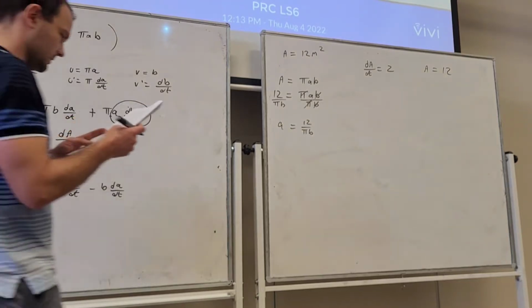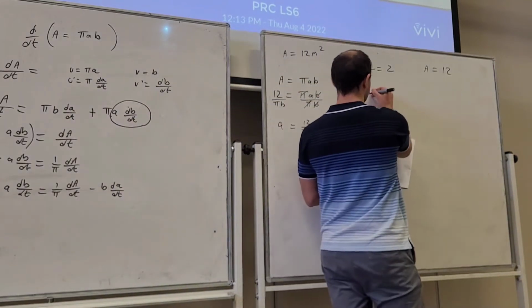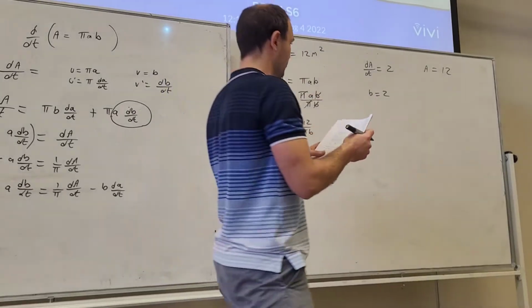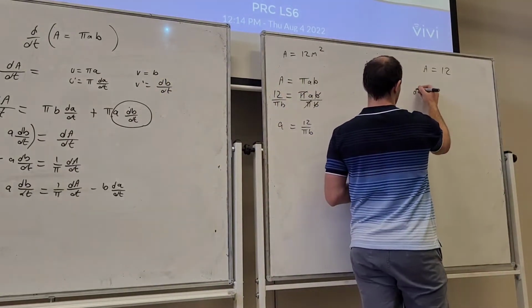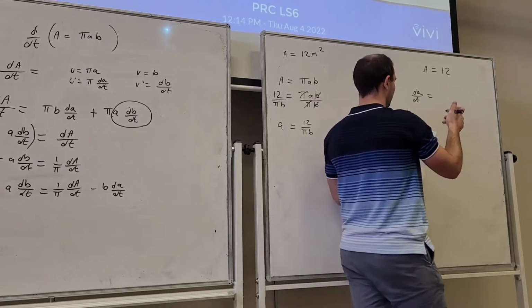All right, what else are we told? We're told at this instance, B is equal to 2. And we're also told the rate of change of the horizontal axis, dA on dt, is equal to 0.5.